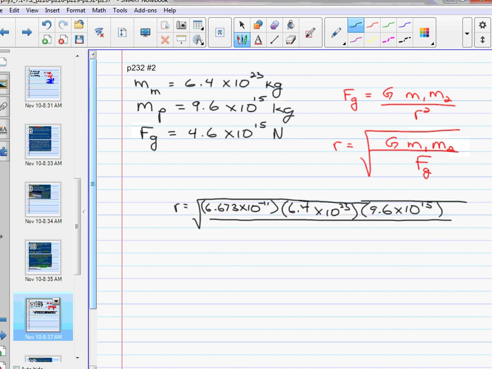And we divide that by 4.6 times 10 to the 15th. This would be a good one for all of you to try because it has all these scientific notation numbers, to make sure that you're able to enter them well into your calculator and get a correct answer.